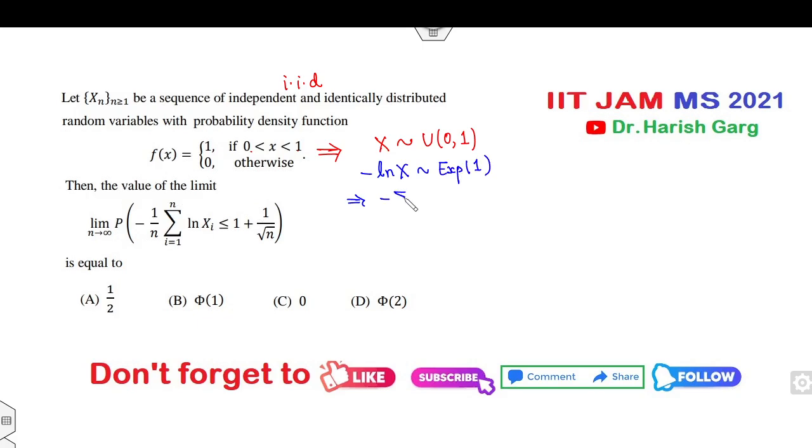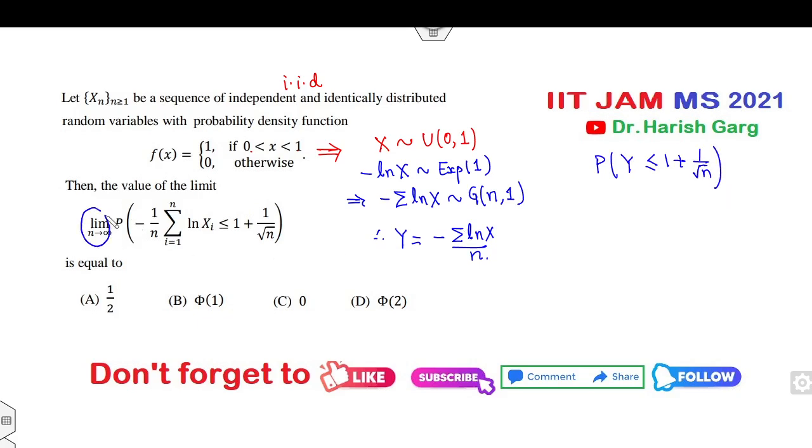I need the summation of minus ln of X, which follows the gamma distribution with parameters n comma 1. So I can consider this as, say, Y. Y is my minus summation over n. So my target is to find Y which is less than or equal to 1 plus here.